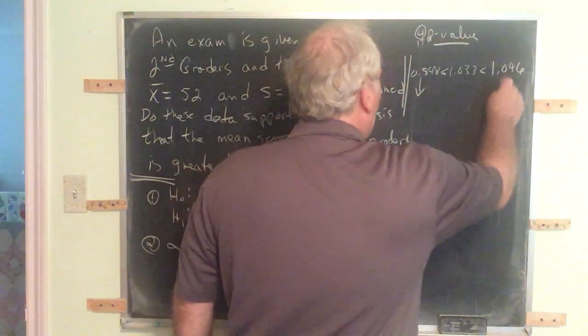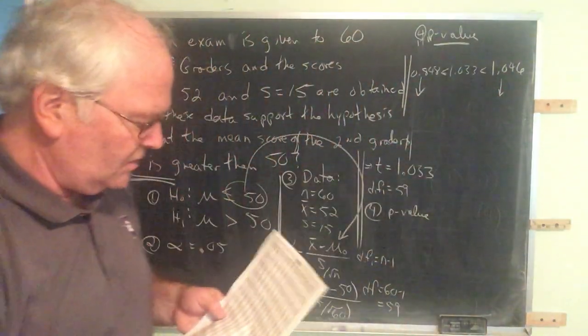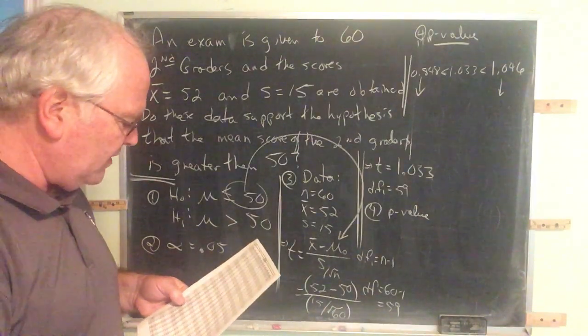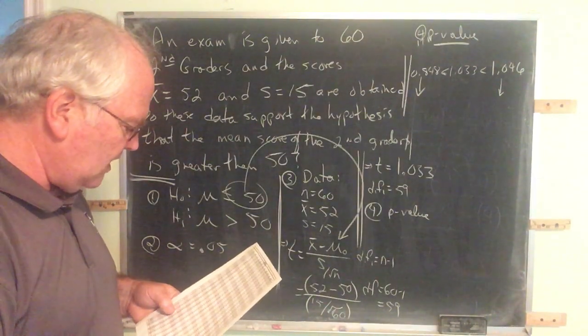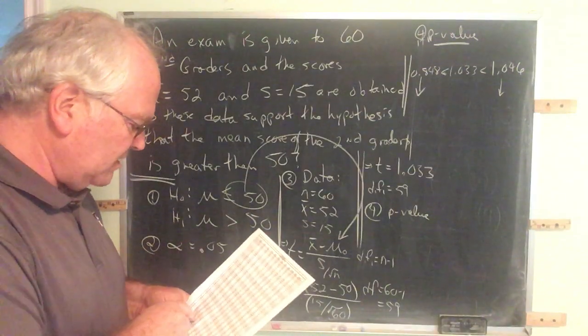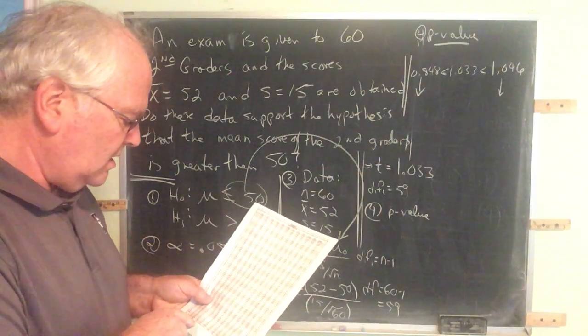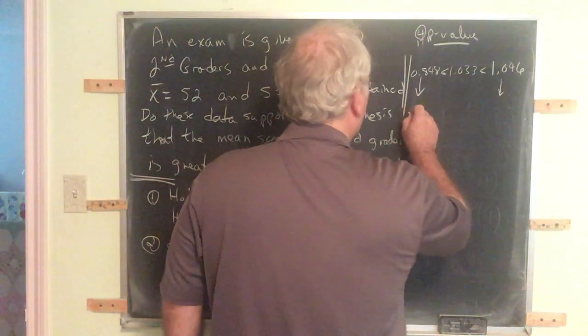Now, the numbers at the top or bottom, if your table is so wonderfully designed, the numbers at the top of those columns in the 59 degrees of freedom row are 0.20 and 0.15.